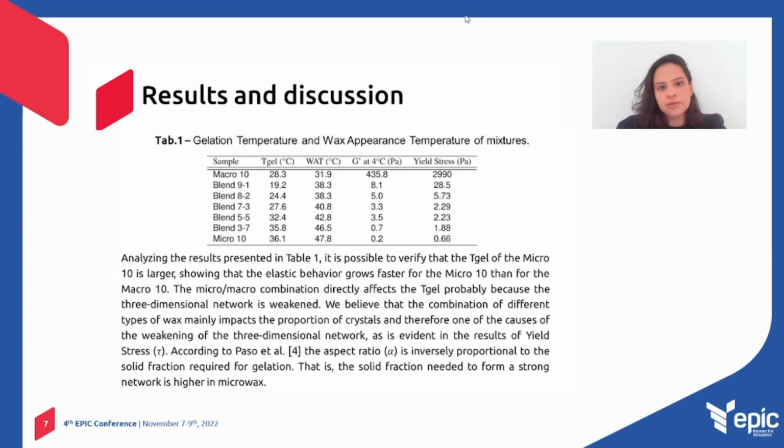We believe, and the results show it, that the combination of different types of wax impacts the crystal formation, and this is one of the causes of the weaker network in the mixtures, as is clear in the results of the yield stress. When we have the macro without micro, we have higher yield stress compared with the mixture of 9% of macro and 1% of micro.